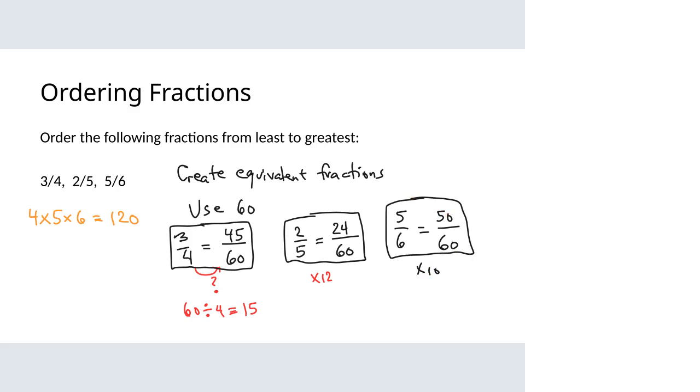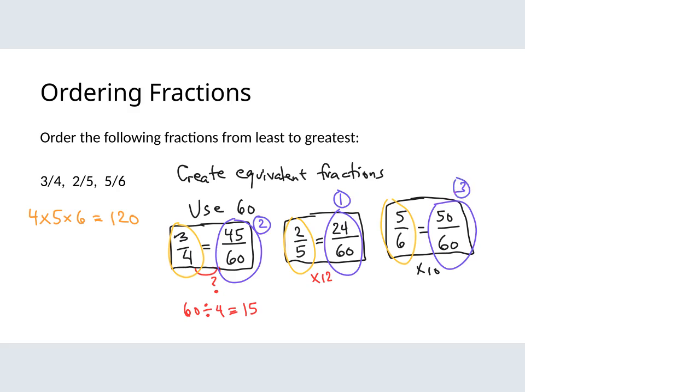This problem started out with us trying to compare 3/4, 2/5, and 5/6 to see which one is the biggest. I have no idea. Now it's become a much different question. Now 45/60, 24/60, and 50/60. Because they all have the same denominator, I can see that this is the smallest, this is the middle one, and this is the biggest.